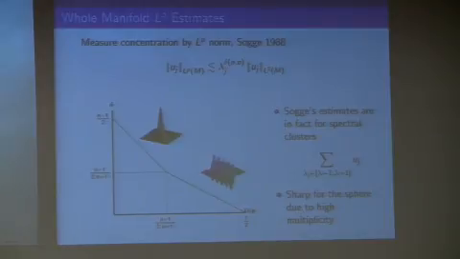So the first set of estimates I wanted to discuss today are due to Sogge, and these are whole manifold estimates. You take an eigenfunction, you measure its L^p norm over the full manifold, and you get a power-like growth. Now, this delta(p), I've plotted it here, delta against 1 over p. It's piecewise, with two different regimes.